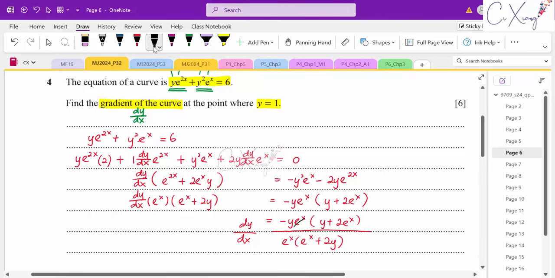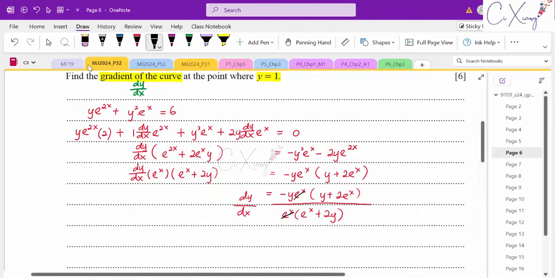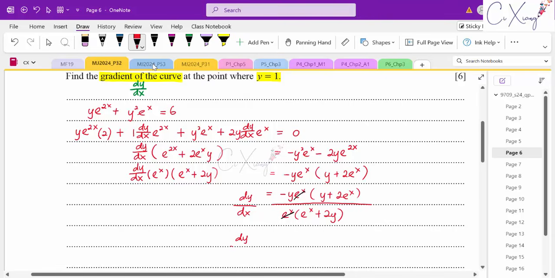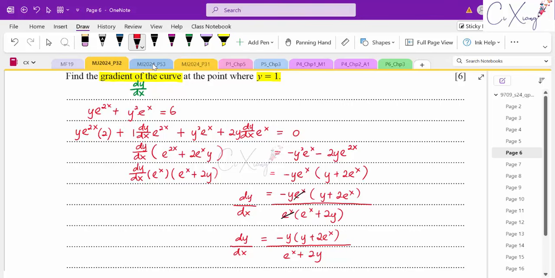So e power x and e power x can be simplified. Okay, so again, rephrase my final answer one more time. So this is what I have for my dy dx.